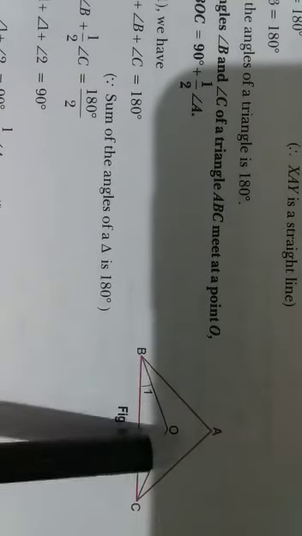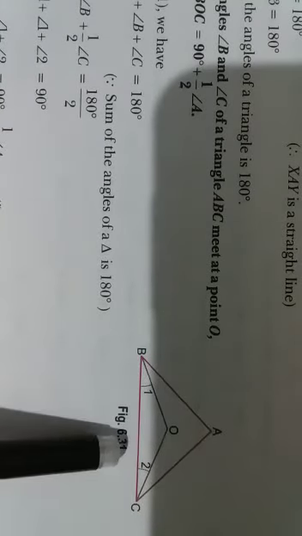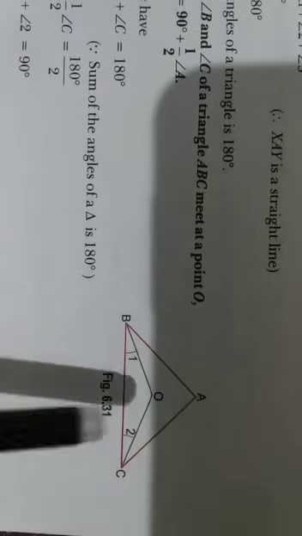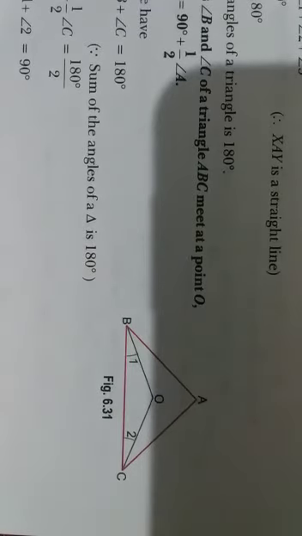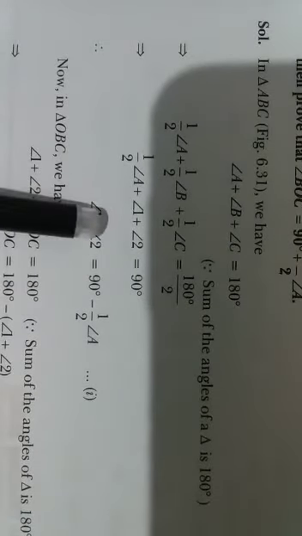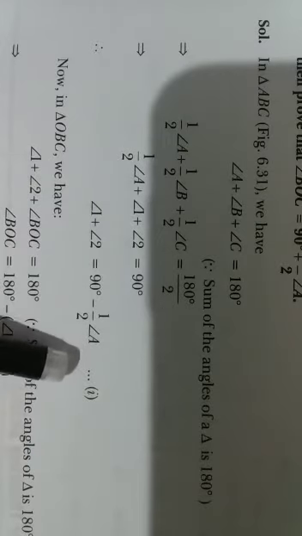Here we have taken half of B as 1 and half of C as 2. Is that okay? So we can write half of angle A plus angle 1 plus angle 2 is equal to 90 degrees. So here angle 1 plus angle 2 is equal to 90 degrees minus half of angle A.